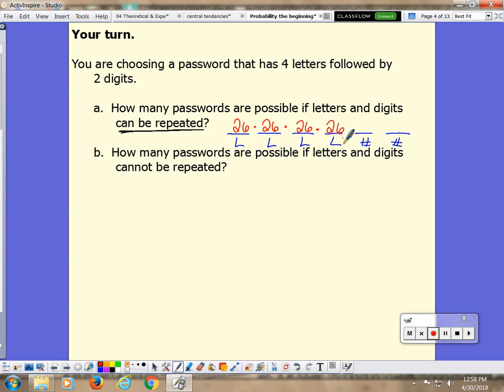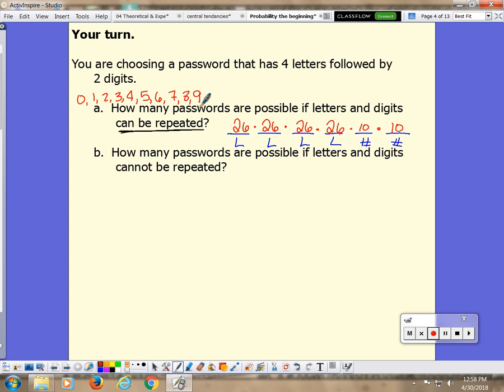How many different digits are there? And this is where you're all going to get confused. There are 10 digits. So this is times 10 and times 10. Those 10 digits start at 0. It's 0, 1, 2, 3, 4, 5, 6, 7, 8, and 9. Those are your digits.